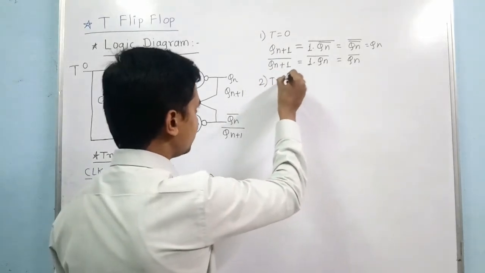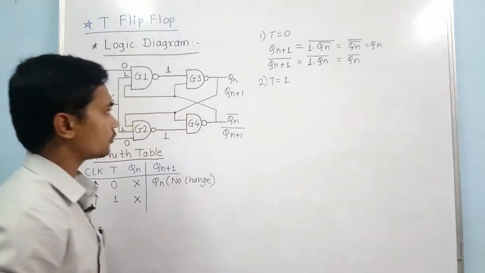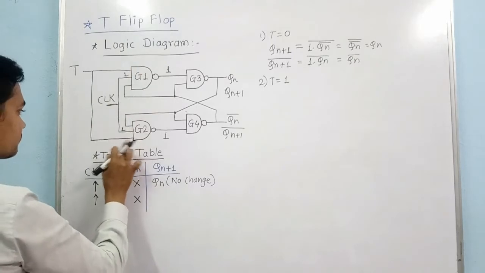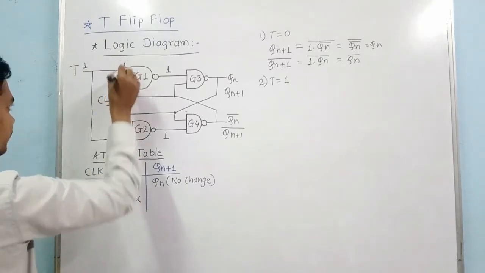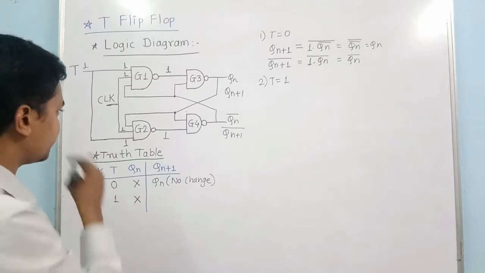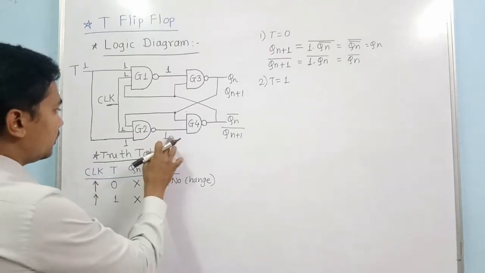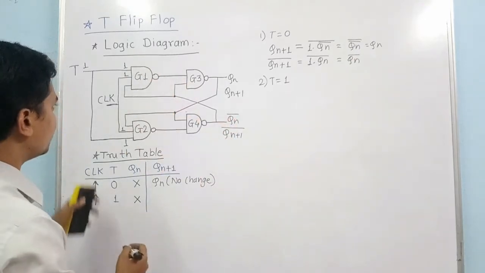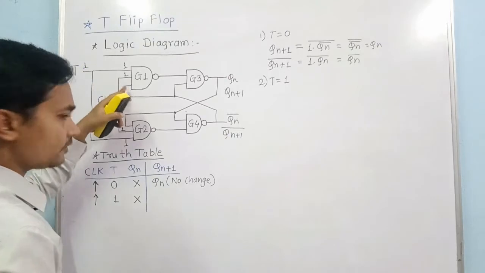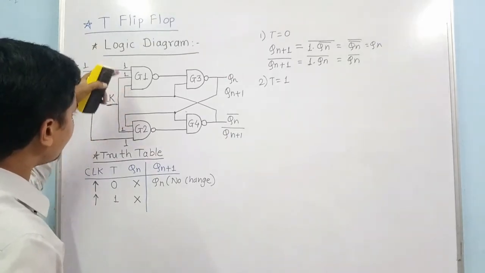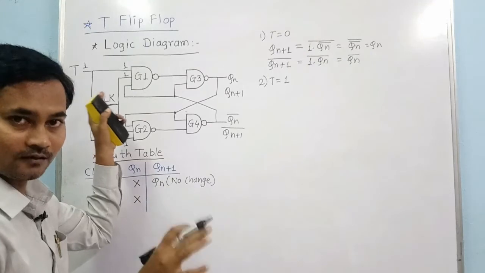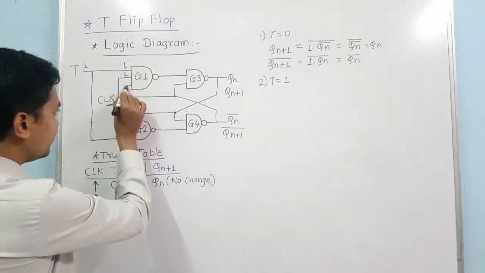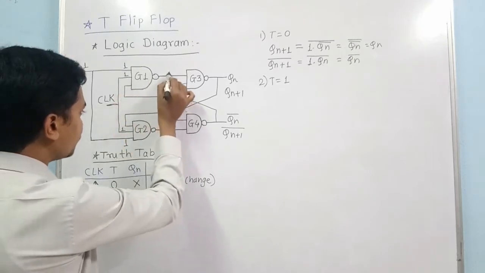Second case, T equal to 1. So when T equal to 1, this input will be changed to 1, 1, 1 and 1. Now the outputs of G1 and G2 will also be changed. If one input is unknown and all other inputs are known and those are 1, then we can directly say that whatever input is available at this point will be complemented at the output of the NAND gate.